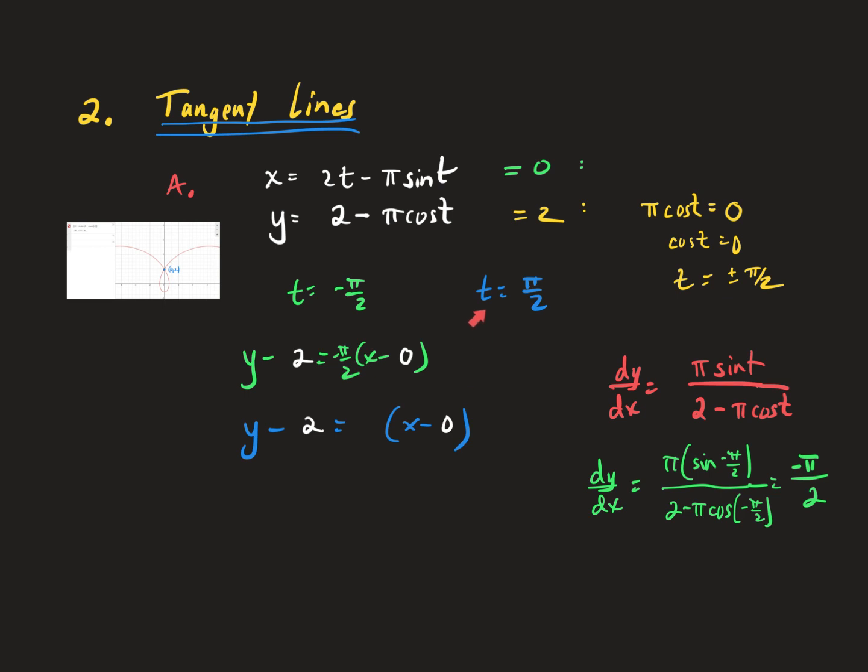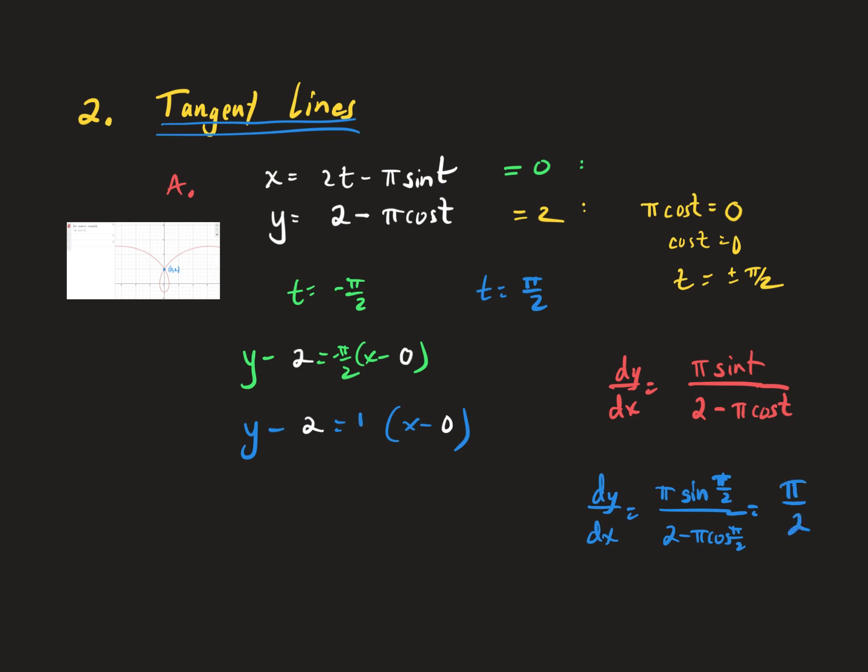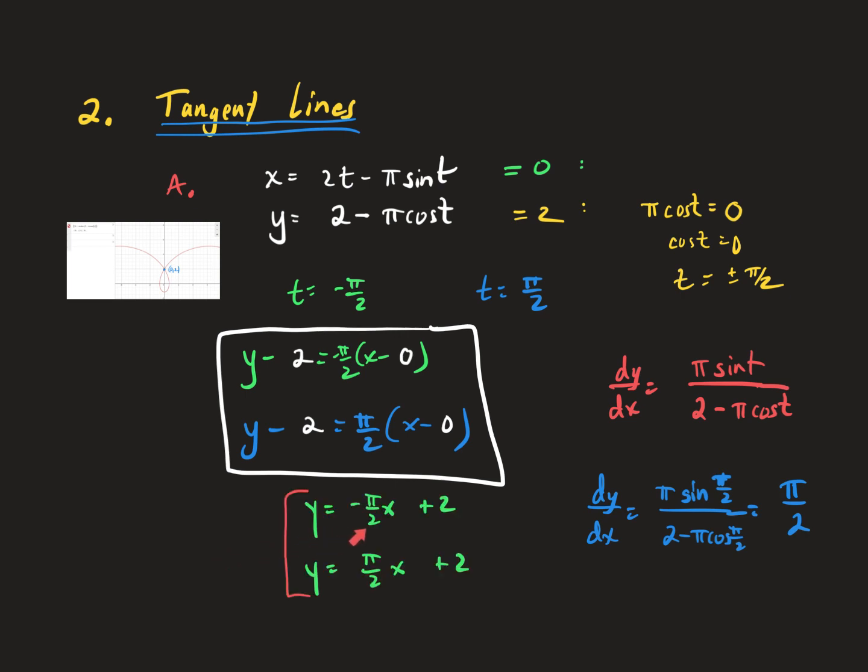And when t is positive pi over 2, we get positive pi over 2. And there are the equations of the two tangent lines which pass through the same point, or if you prefer, slope-intercept form.